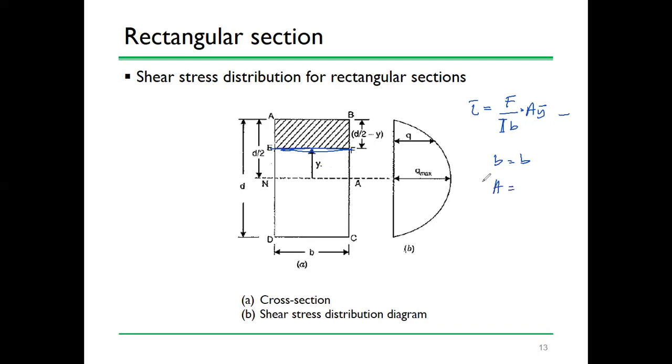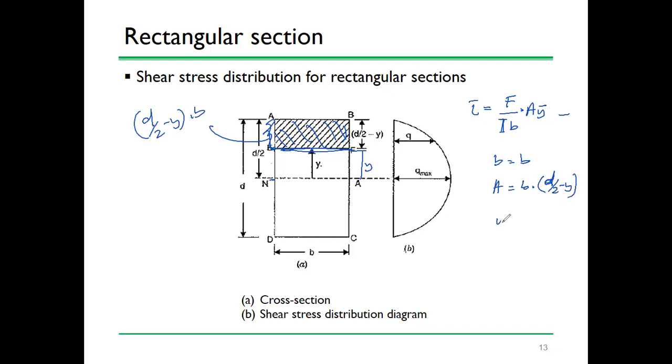The A we'll be looking for is everything above the Y. The whole distance from the neutral axis to the top is D over 2, and then this one is Y. If I'm looking for this distance, it's very easy now. It's simply D over 2 minus y. The width of this rectangle is b. So the area is simply b times D over 2 minus y.